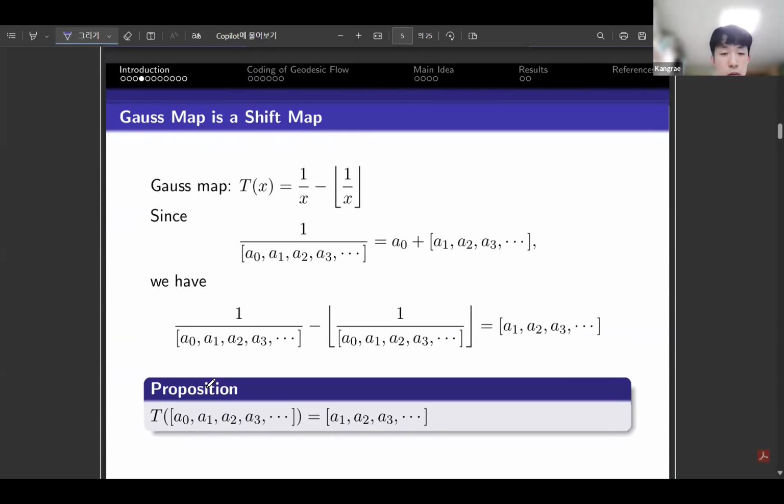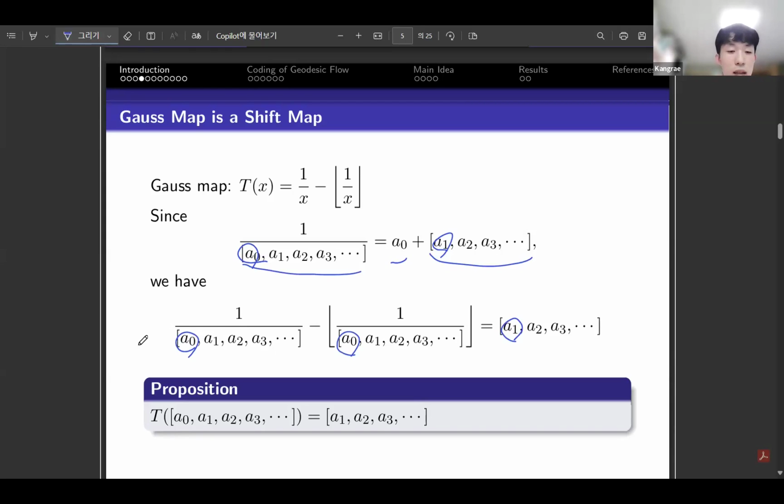So let's examine the properties of the Gauss map. When you take the inverse of the continued fraction starting from a0, then it becomes a0 plus the continued fraction starting from a1. So the decimal part of the inverse of the continued fraction starting from a0 becomes the continued fraction starting from a1.